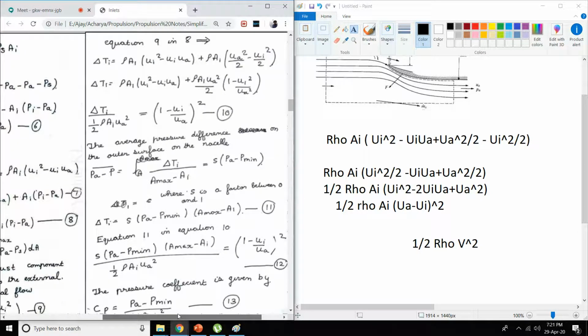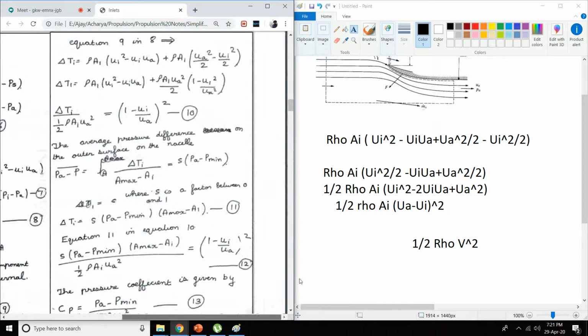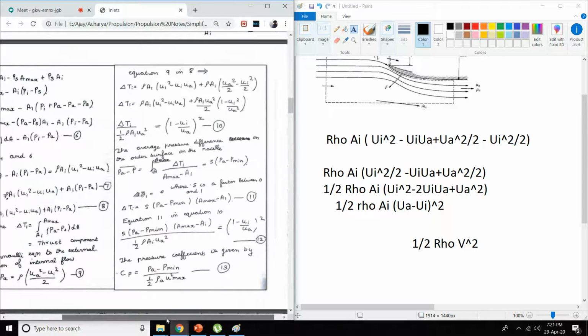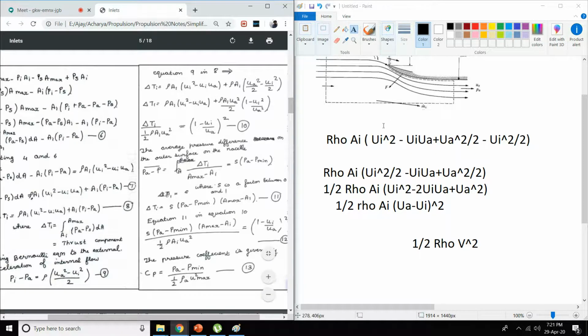I think he has equated it from the previous equation. So we also know this. I think one confusion is what he has done here.